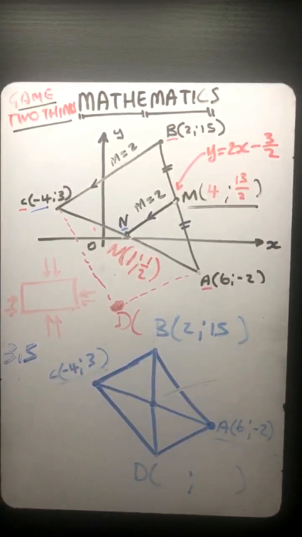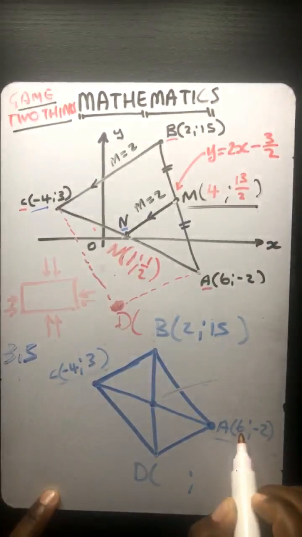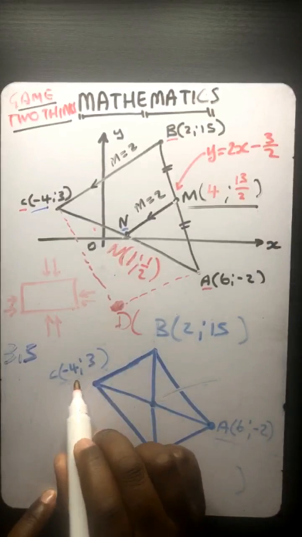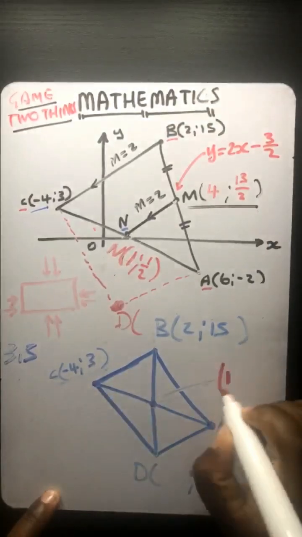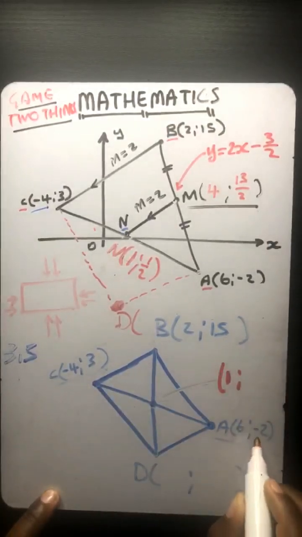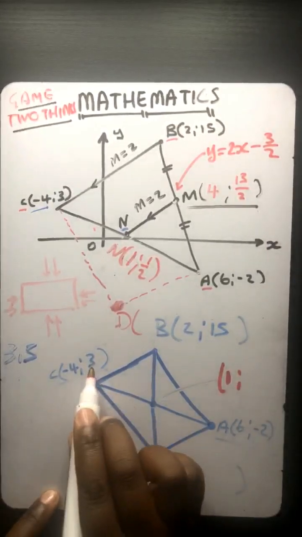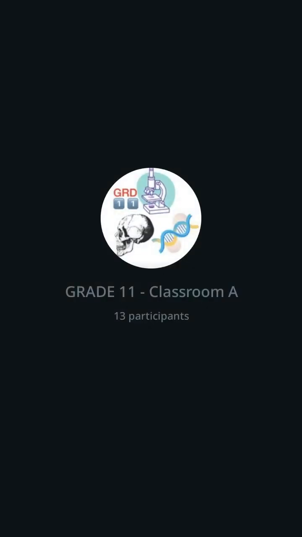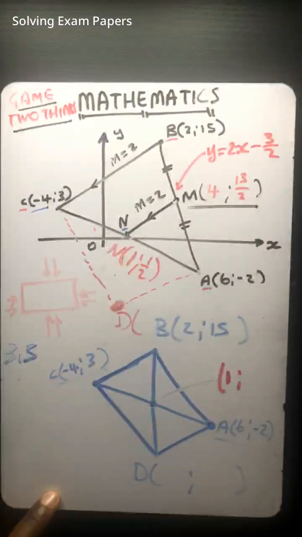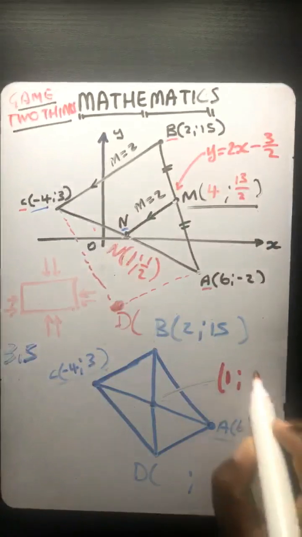Anyone who has calculated it? Let's see. This plus that is 2, divided by 2 is 1. This plus that, hey, we already have the midpoint, which is half.